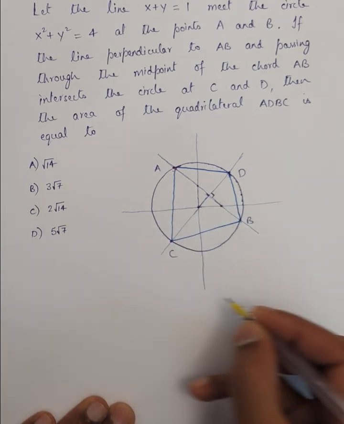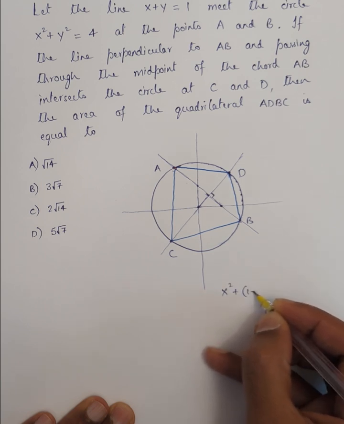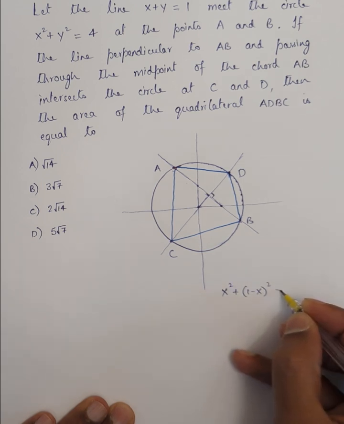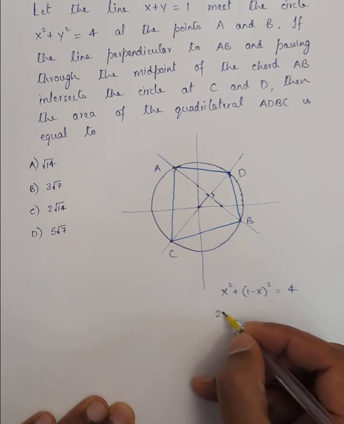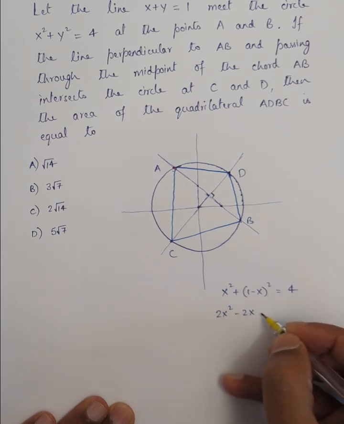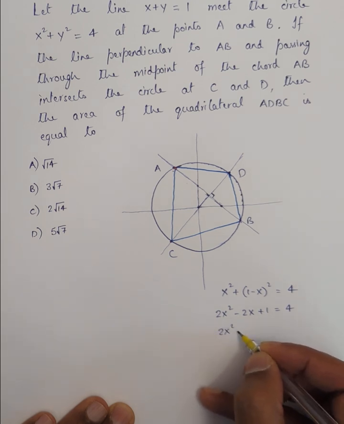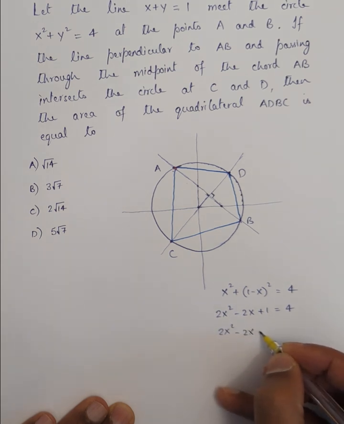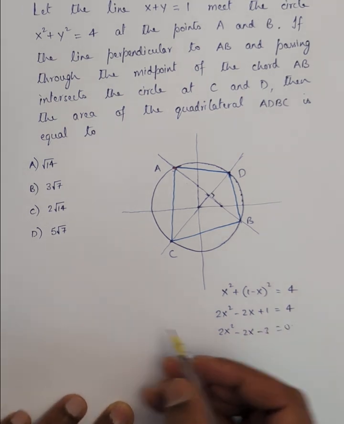So x + y is 1, which means y is simply 1 minus x, quantity squared. So when you simplify this, you get 2x² - 2x + 1 = 4, or 2x² - 2x - 3 = 0. And use the quadratic formula.